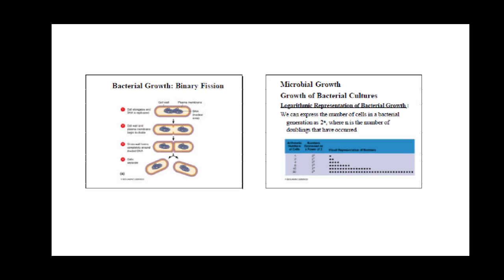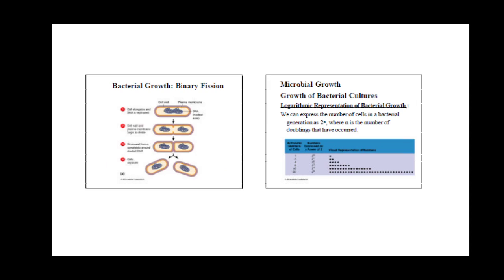When the cell attains its proper size, it divides into two cells. On the left side you can see a picture in which a single cell, by the process of binary fission, forms two cells.